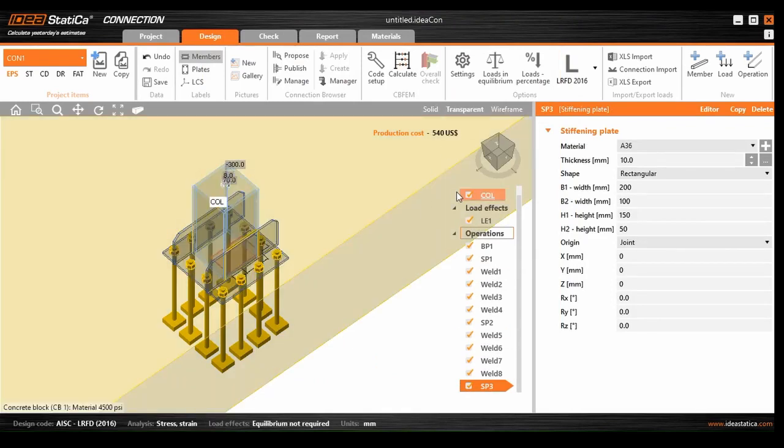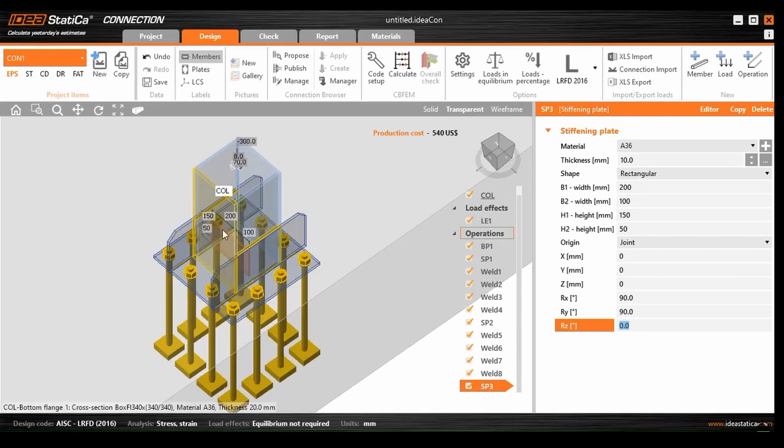If it is needed, change the RX and RY to 90. It is our plate here. The plate should be 135 in width and 300 in length, and change the value of Y to minus 185 to place it in the right spot.